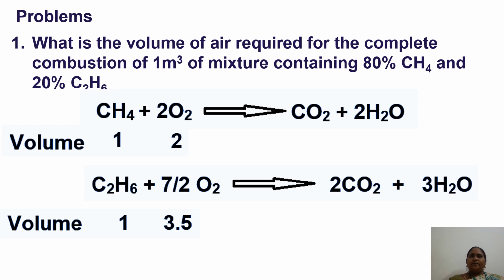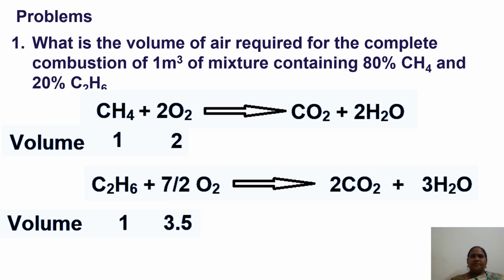Problem number 1. What is the volume of air required for the complete combustion of 1 meter cube of a mixture containing 80% of methane and 20% of ethane? Now, we'll write down the combustion reaction. Methane with oxygen forms carbon dioxide and water.